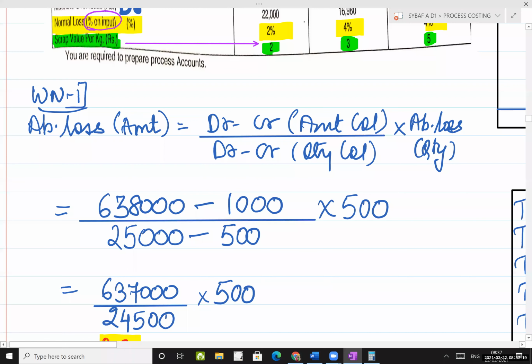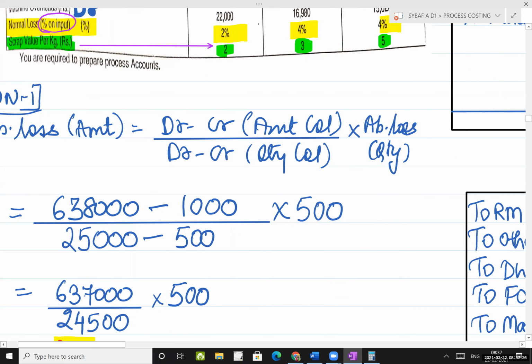ठीक है. Okay. तो पूरा डेबिट साइड पहले टोटल करो अमाउंट का. Total the debit side of the amount from here till here.